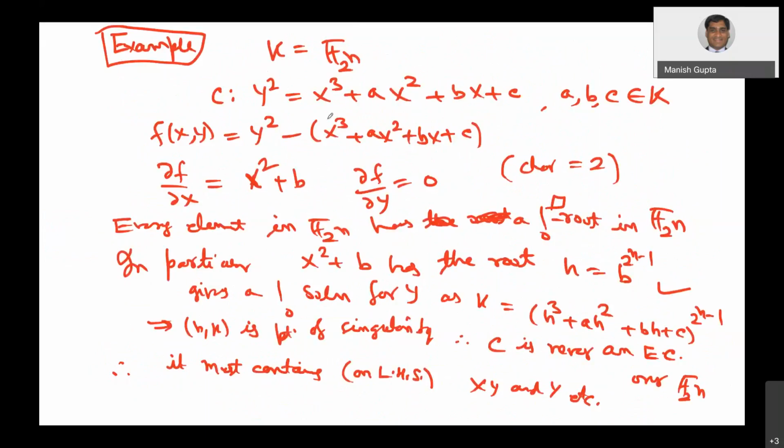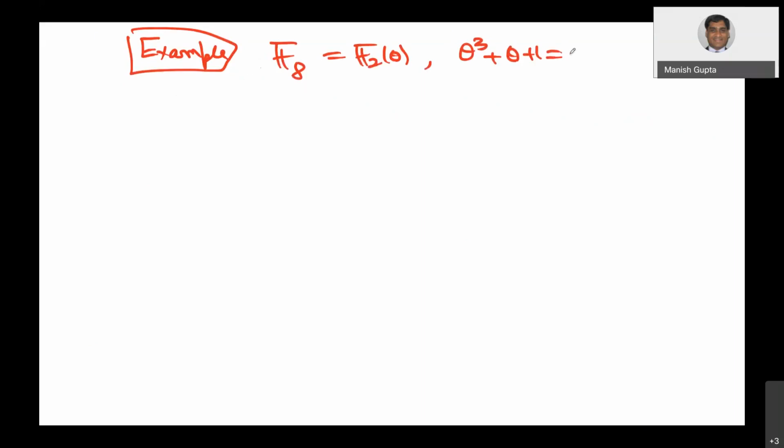Okay, now let us take some more examples. F8 is F2(theta), where theta cube plus theta plus 1 is equal to 0. So this is the irreducible polynomial through which we can build the field with 8 elements.